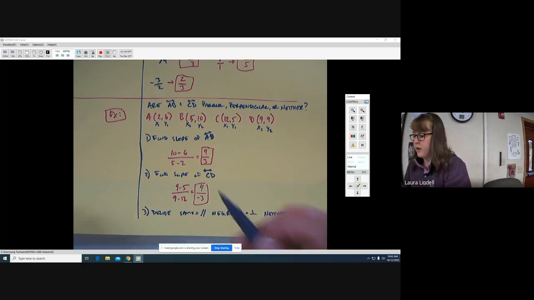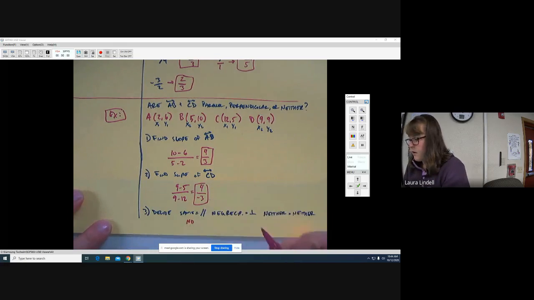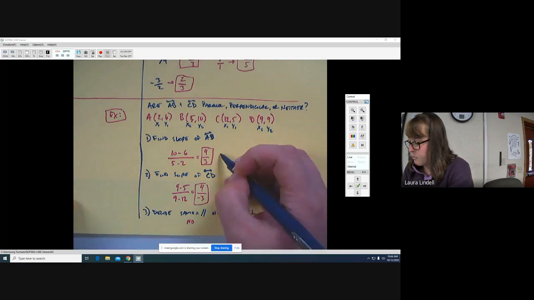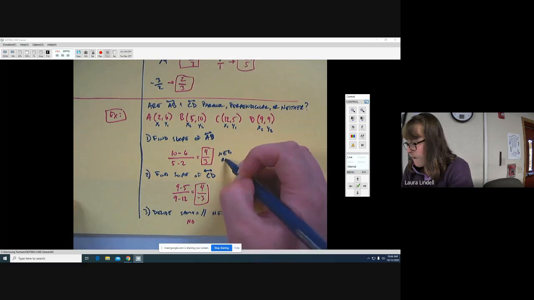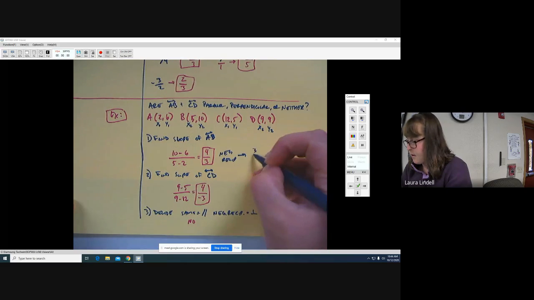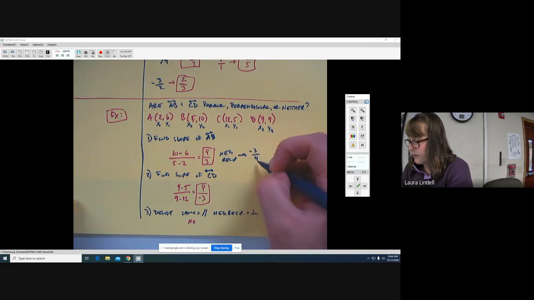Okay, so what do we think? Are these two slopes exactly the same? Well, we have 4/3 and we have negative 4/3. So nope, not the same. Are they negative reciprocals? The easy way to tell is to find the negative reciprocal of one of them and see if it's equal to the other one. So the negative reciprocal of 4/3, we flip the fraction and we change the sign. So 4/3 would become negative 3/4.